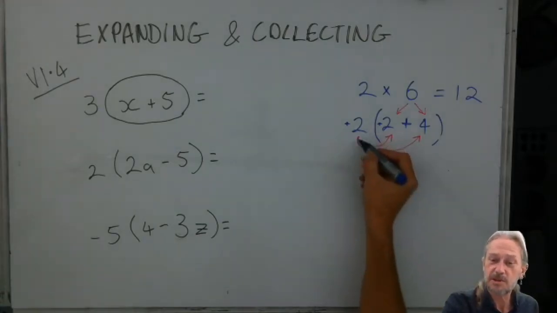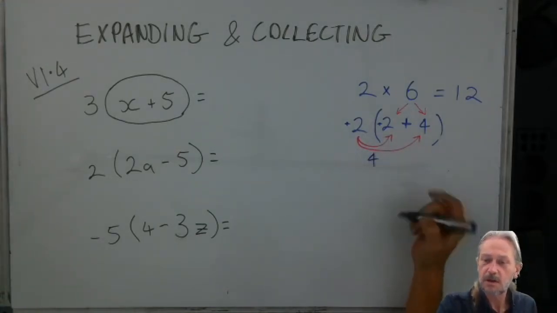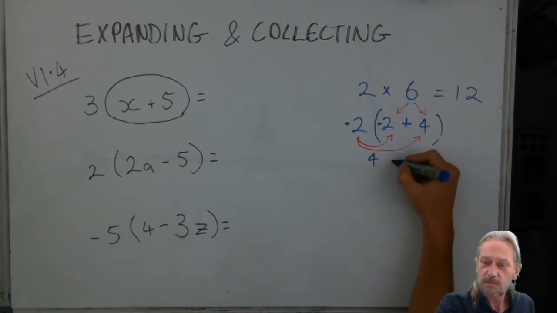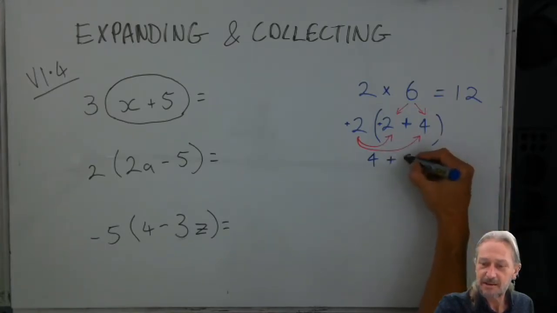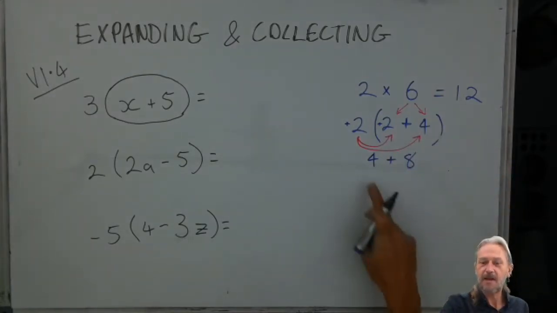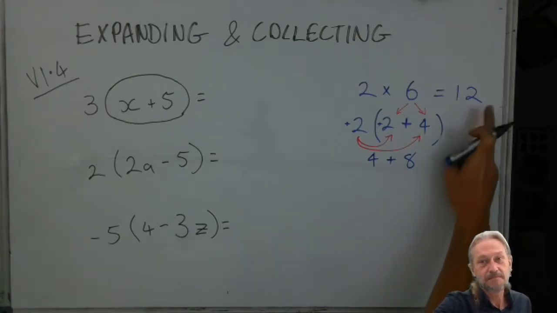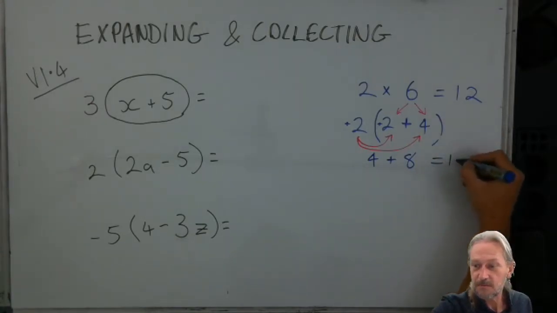So we get 2 times 2 is 4, and 2 times 4, so we're still adding them together, is 8. And then 4 plus 8 is still 12.